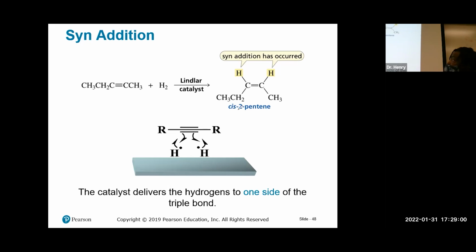So then we're going to end up with a cis-2-pentene in this situation. If we wanted to go trans or anti, then we're going to have to use a different way. So the Lindlar catalyst will result in a cis addition of the hydrogens, or syn.